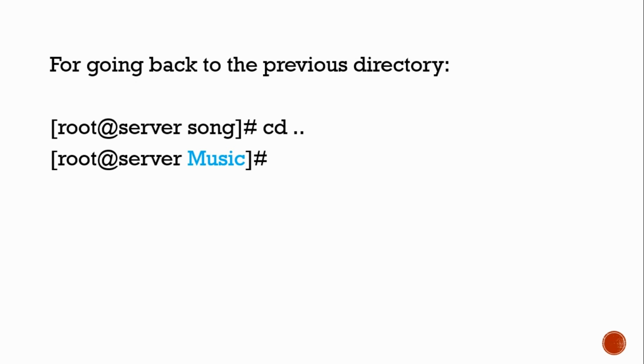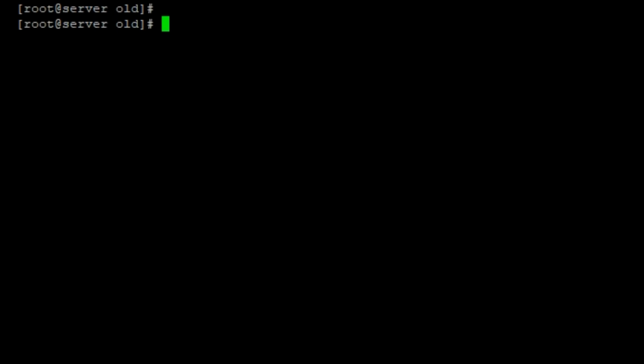For going back to the previous directory, we use just 2 dots. Here you can see we were in the song directory, and using the two dots it goes back to the music directory. Now we are currently under the old directory.